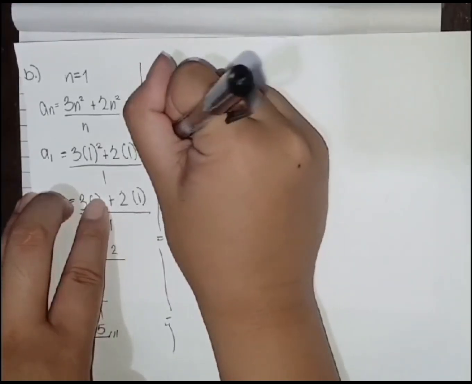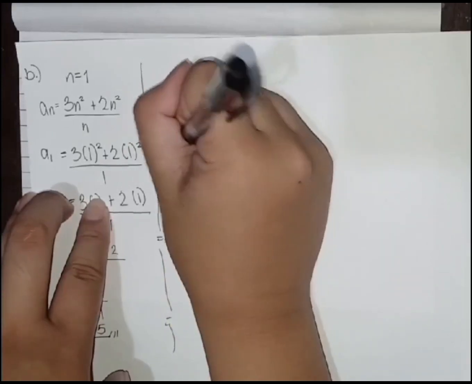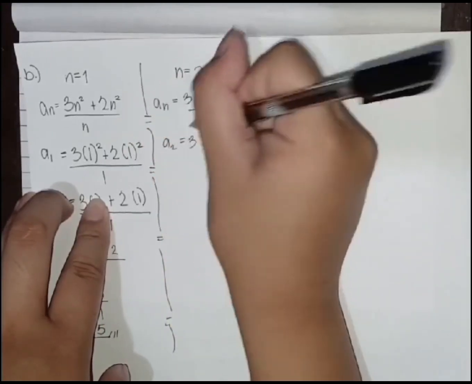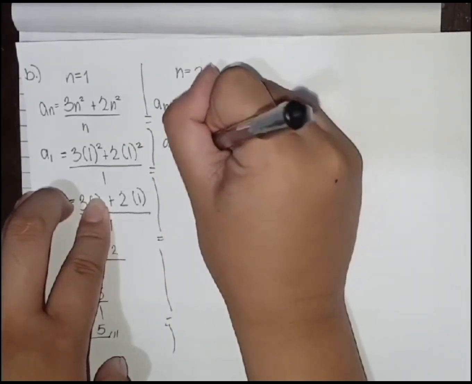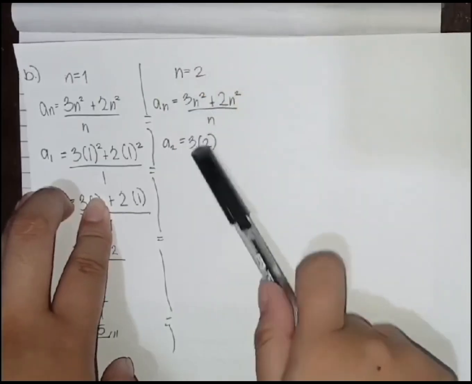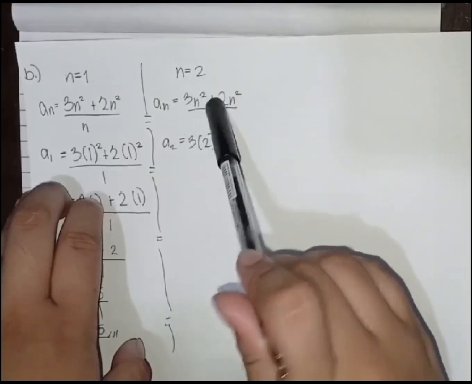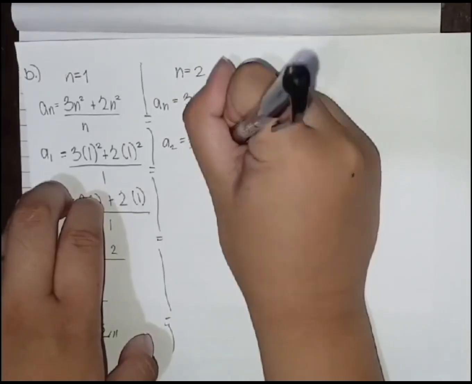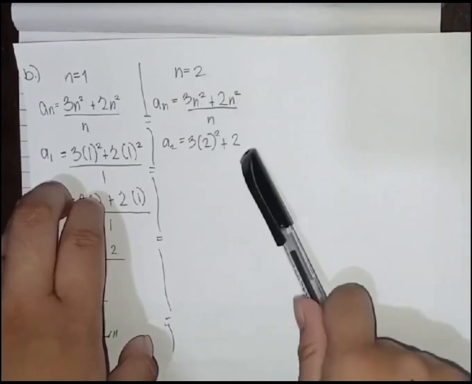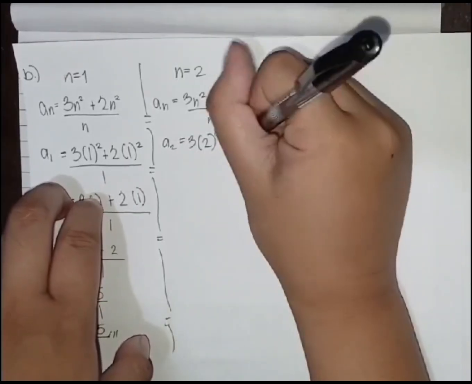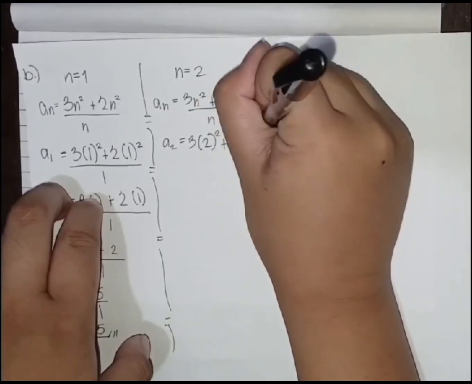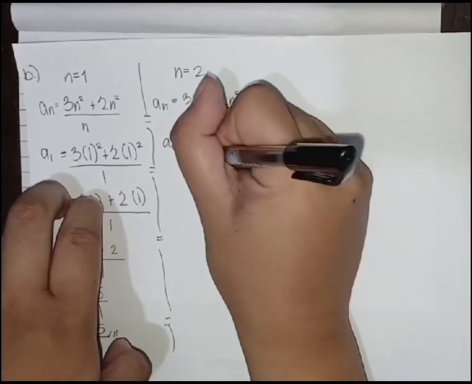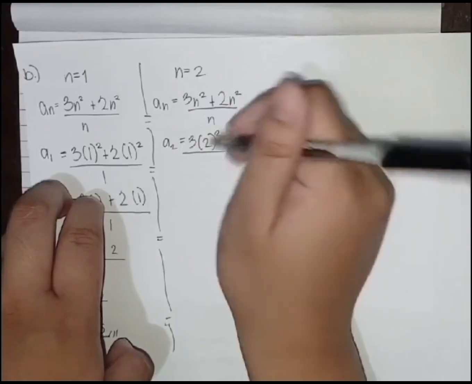So, a sub 2 is equals to 3 times 2, because our n is 2, raised to the power of 2, plus 2 times the value of our n, which is 2, and then raised to 2 over 2.